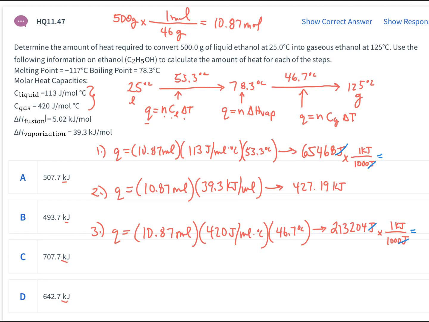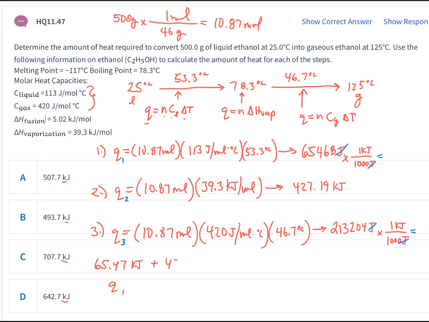So from step 1, 2, and 3, we want to add up the heat from step 1, 2, and 3. So those values come up to be approximately, let's see, divide that by 1,000, 65.47 kilojoules from step 1.